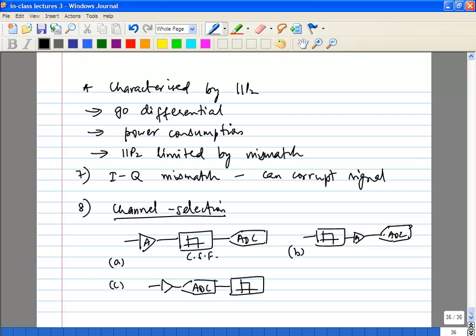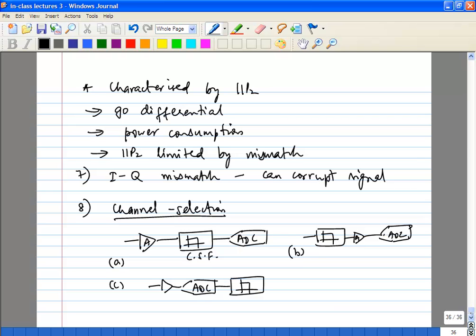If you go to A and B, the ADC is a lot simpler. The dynamic range is only moderate, a few bits, between 4 to 5 bits, maybe 8 bits worst case is good enough. But then there is a trade-off between the filtering and the amplification. Obviously, if you have the filter up front, it adds noise because it has a loss, so that's a problem.